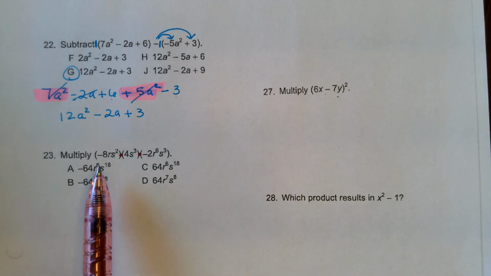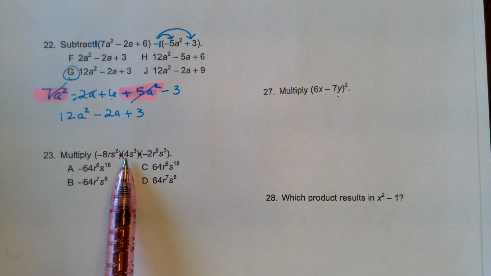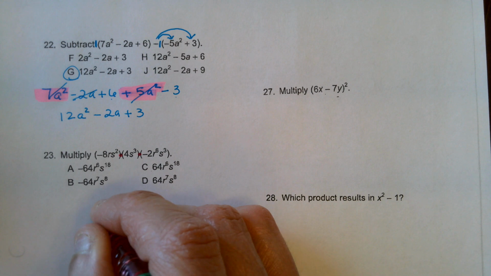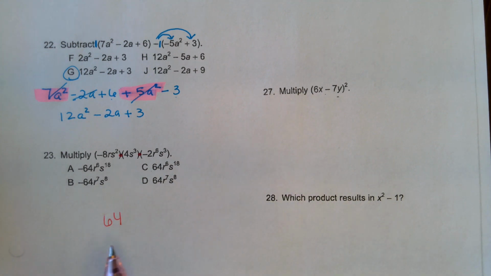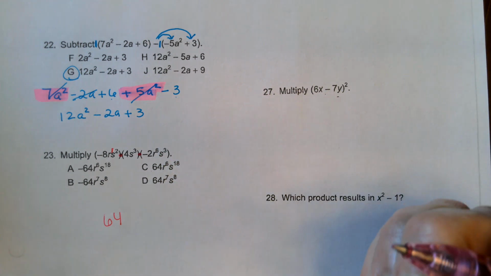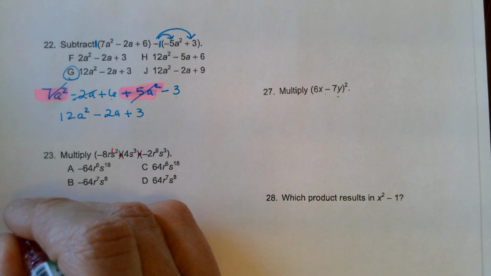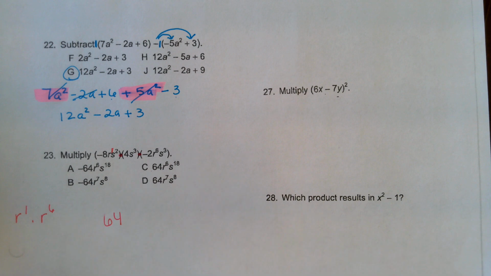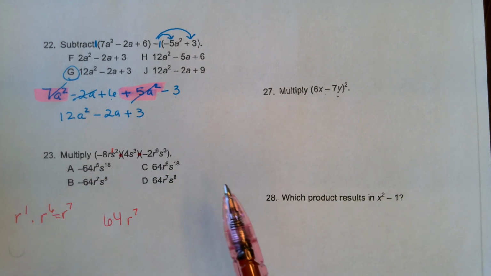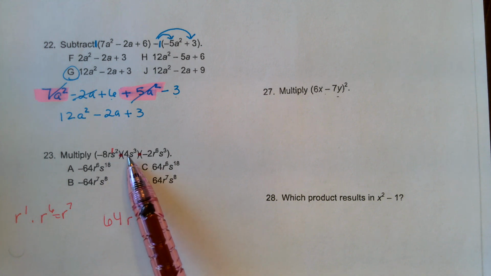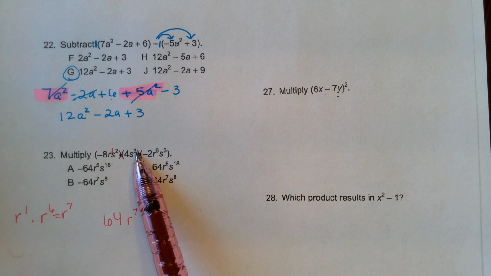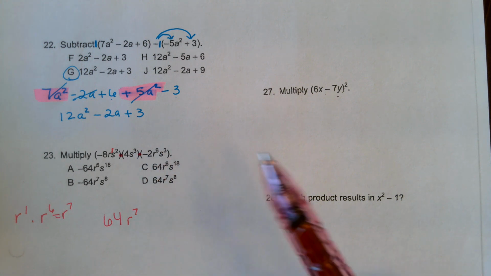So negative 8 times 4 is a negative 32, times a negative 2 is a positive 64. We have an r to the first and an r to the sixth. When I have an r to the first times an r to the sixth, I get an r to the seventh. We add them. Then I have s to the second, s to the third, s to the third. We add all the exponents. 2 plus 3 is 5, plus 3 is 8.